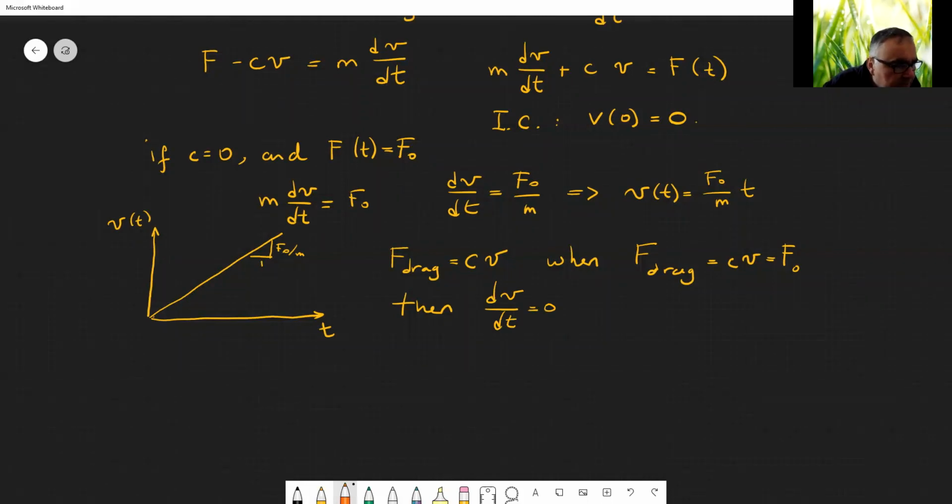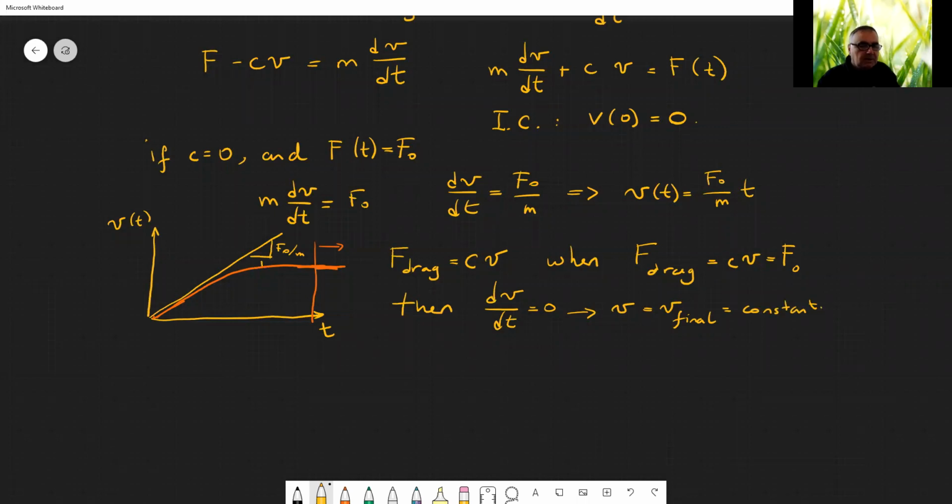So what will happen is this, in the real life case, this thing will go like this, and eventually the slope is going to be leveled out, and from this point on, the engine force and the drag force are equal to each other, and the velocity remains constant, which means that the velocity is equal to some V final, which is constant.